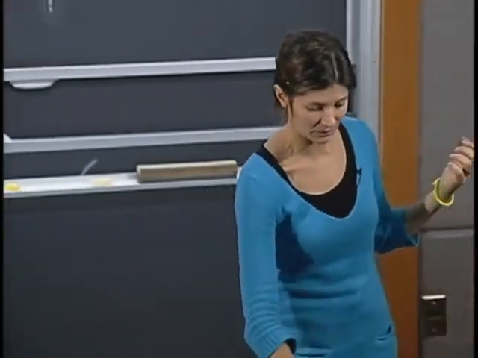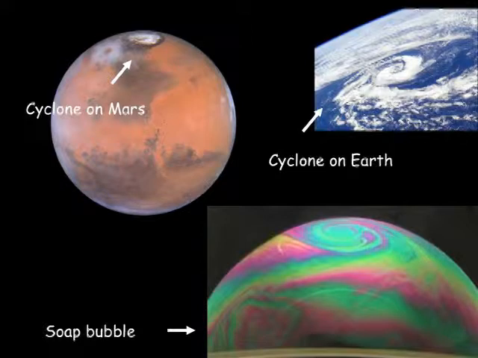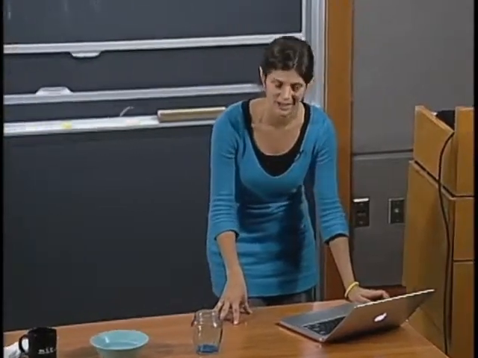And you will see that these vortices are very similar to, for example, cyclones on Earth or cyclones on Mars. And this indeed inspired a group of physicists who were using soap bubbles as models of cyclones on planets.